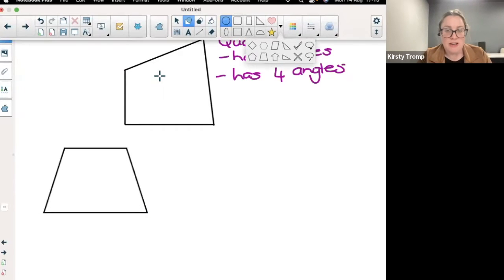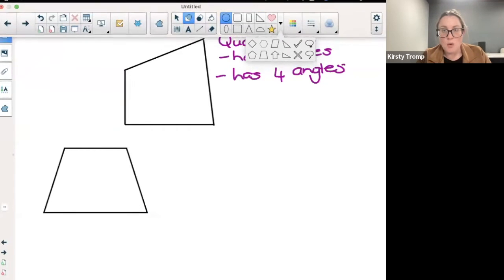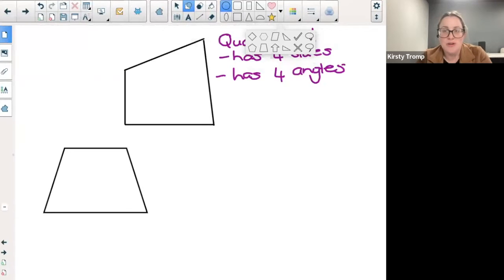I'm wondering if anybody can tell me what kind of quadrilateral that is. I want to drop all your hands first, because all these hands are up before I even ask the question. What kind of quadrilateral is that?